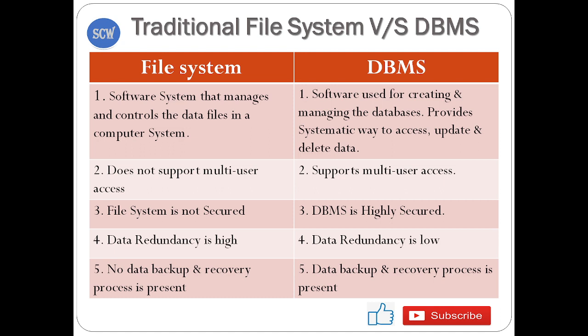Then what is the fourth drawback of the traditional file system? In the file system, data redundancy is high. Means the principal stored student records in his office computer, and if the librarian has a computer in the library, then he can also store the same student records in that computer, right? Means the same student records are stored multiple times in different computers in only one college.